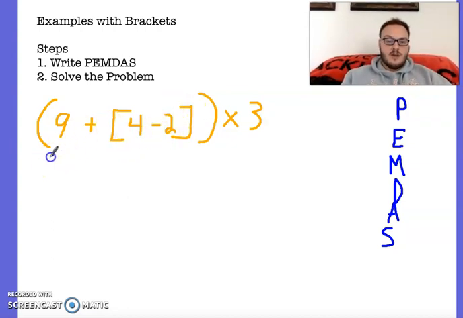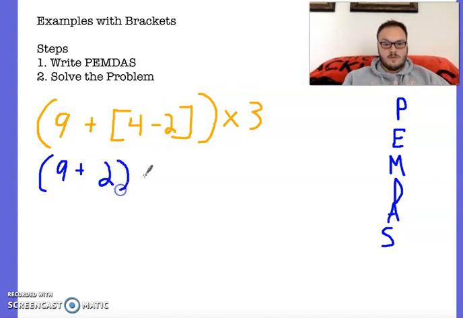But in this case, I'm going to go ahead and do 9 plus, I'm solving 4 minus 2 because it's in brackets, 2. Then I need to remember to bring down my times 3. So that's going to leave us with our parentheses still. So I need to do 9 plus 2, which gives me 11.